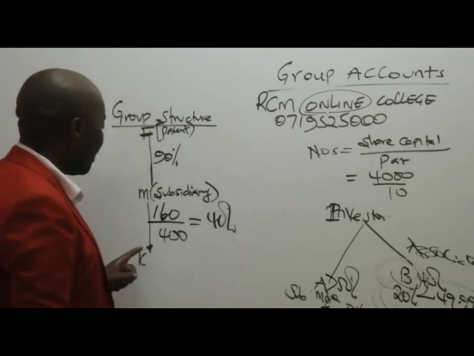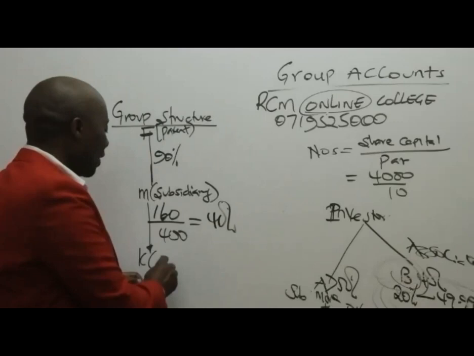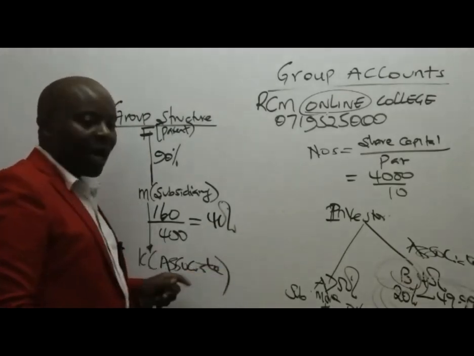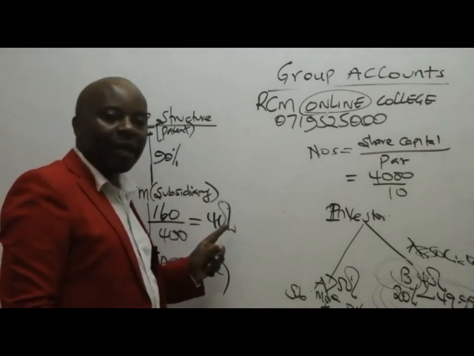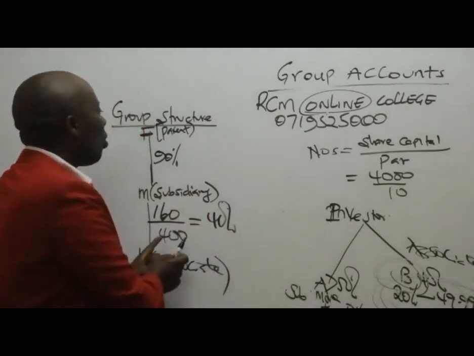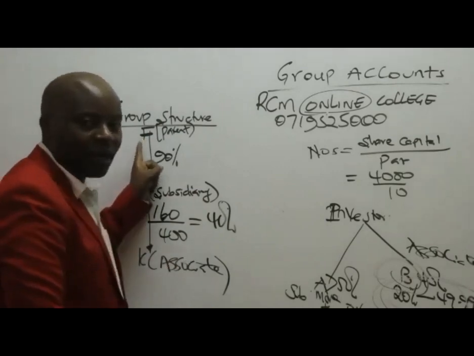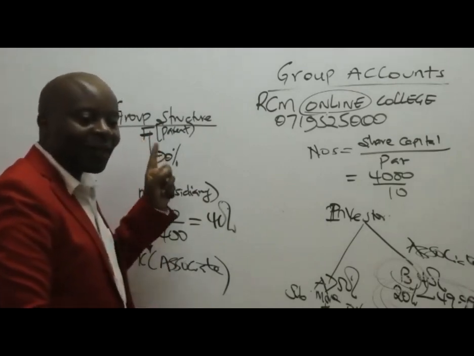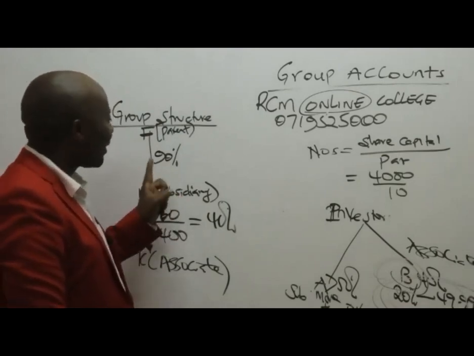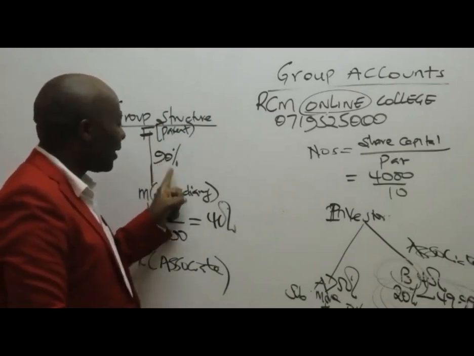So, ladies and gentlemen, here, K will be an associate of M. And if it's an associate of M, automatically it becomes an associate of this company, so it is an associate of the group. I've always seen students taking this percentage times this percentage.